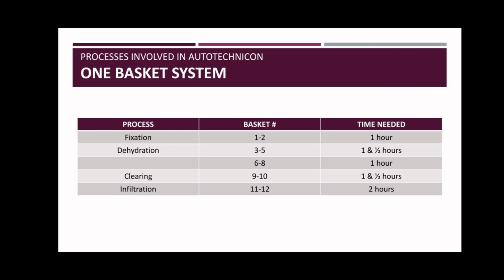This means in basket 9 and basket 10, you have to allot 1.5 hours for each basket. And lastly, for infiltration, this contains the 2 thermostatically controlled wax baths for paraffin wax impregnation of your tissue specimen. This means that you have to allot 2 hours for each basket. Okay, so you have to memorize this by heart.